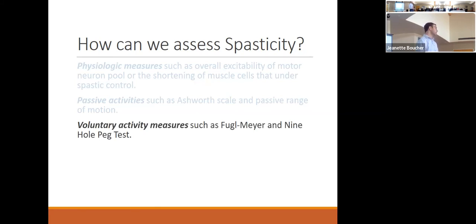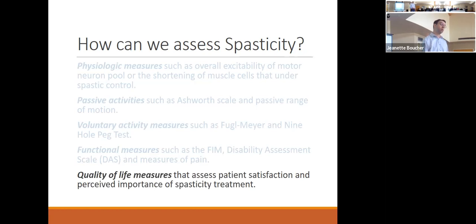Some of our physical therapists and occupational therapists, as patients are undergoing ongoing therapies, will do repetitive task training, and certain scales will be associated with that type of training. Fugl-Meyer, 9-hole peg test, maybe you've done some of these activities, but these are other objective ways that we can measure how the spasticity is affecting you.